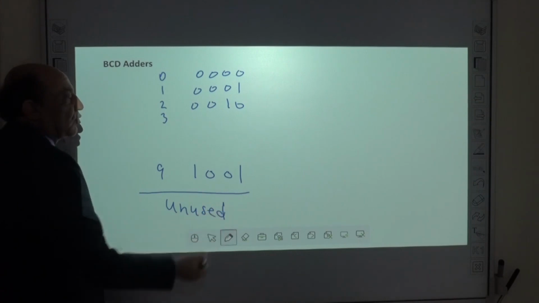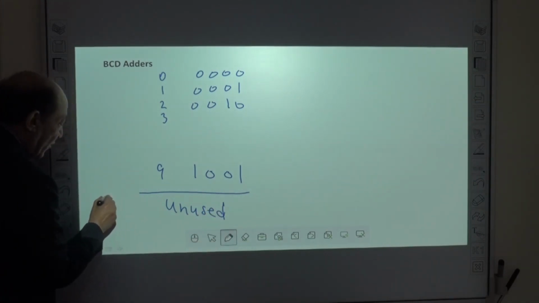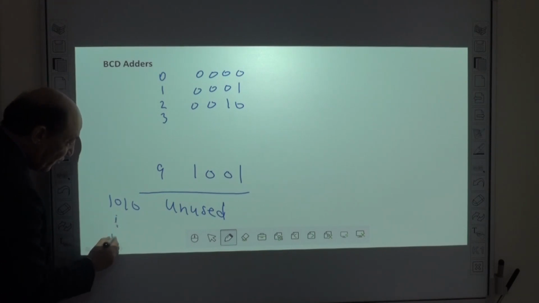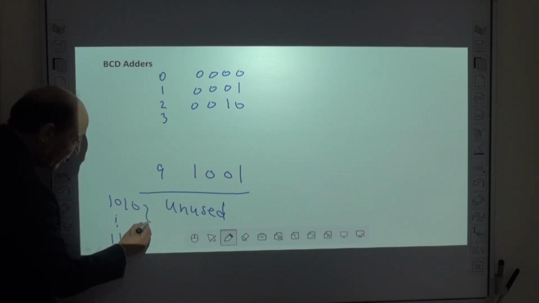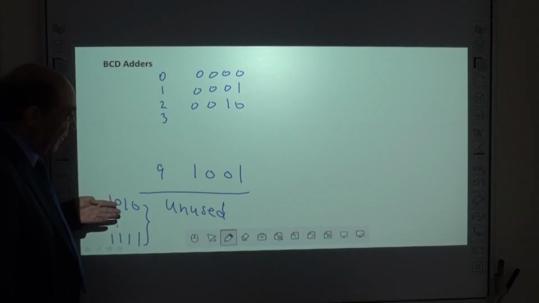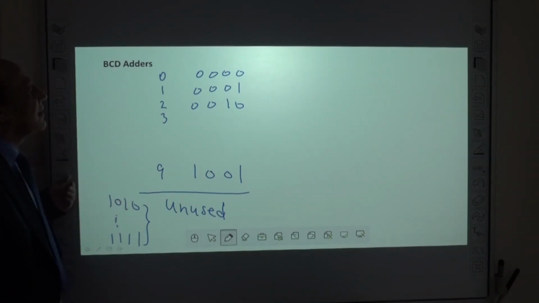There are 6 code combinations from 1010 up to 1111. And remember, in any design procedure, if you have unused code combinations, you can use them as do not care conditions in the K-maps. You can take them as 1 or 0.